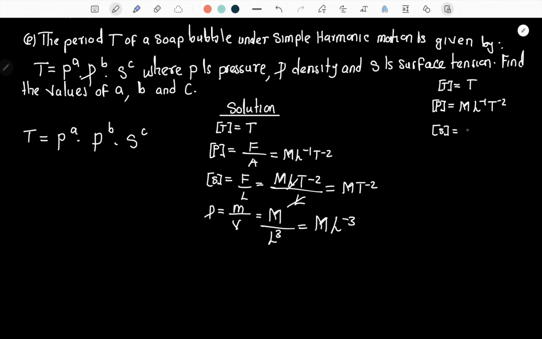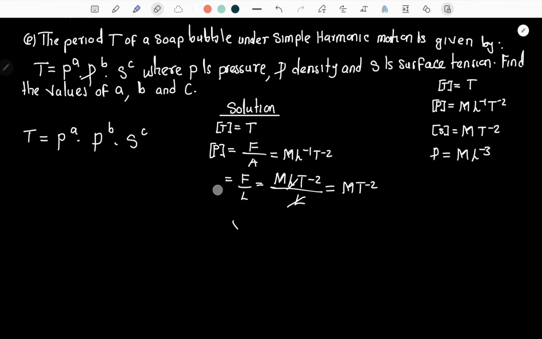So I have come up with all the needed dimensions. That is basically what I want you to be doing. Let's come to density. The dimensions of density is simply M L to the power negative 3. Now we can rub out every other thing because you now know what you have.